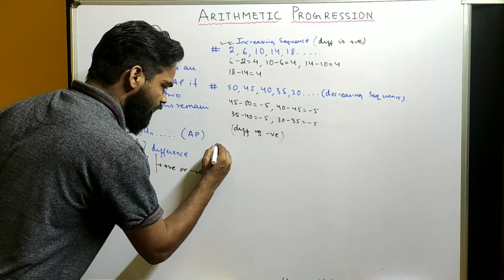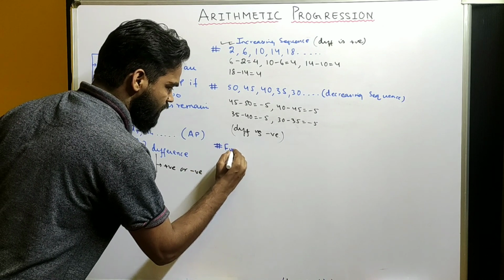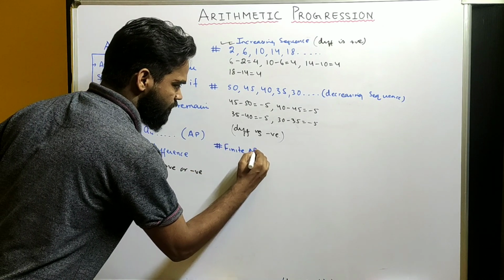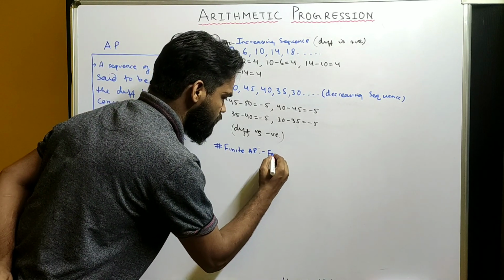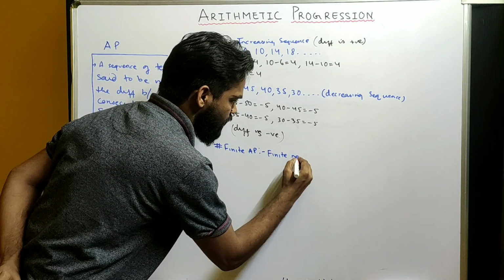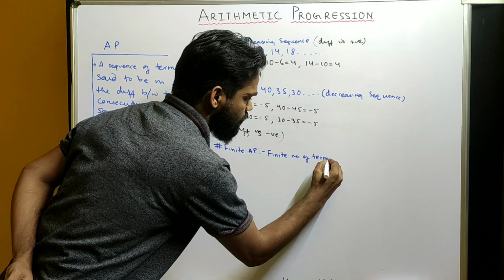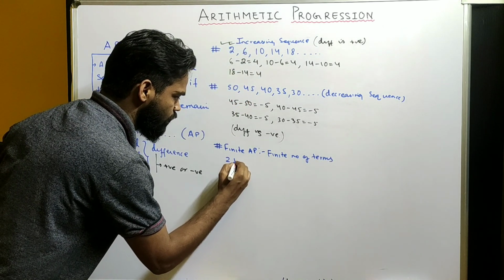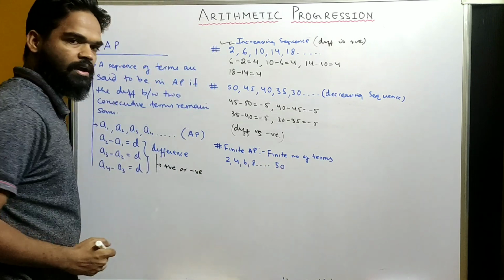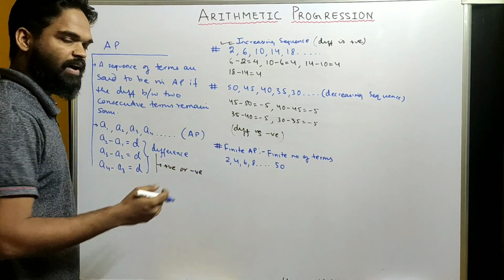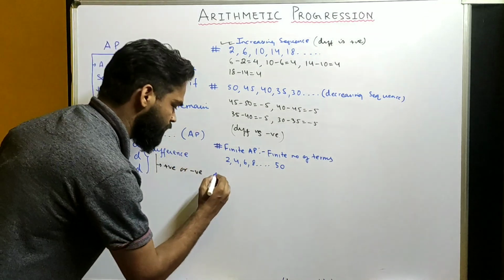Now let us look at finite AP, which means a sequence contains finite number of terms. For example, if you take 2, 4, 6, 8, up to 50, these are in AP and there will be 25 terms. So this is finite AP.